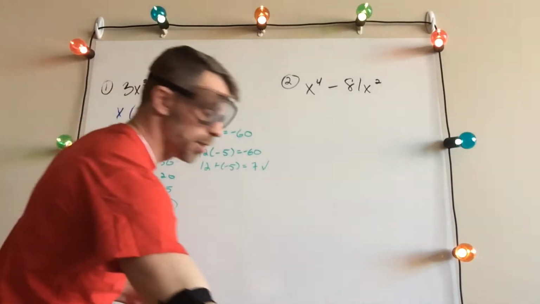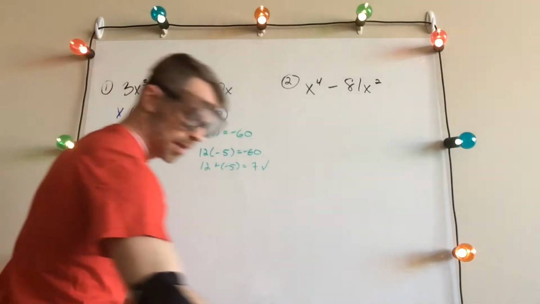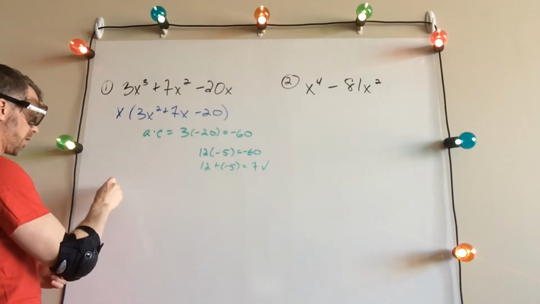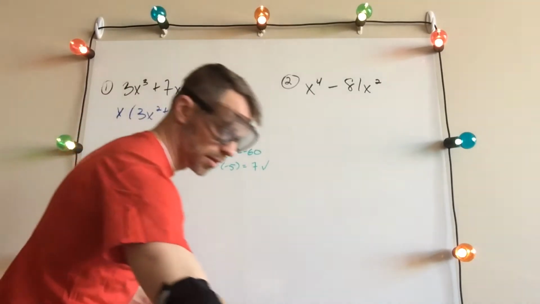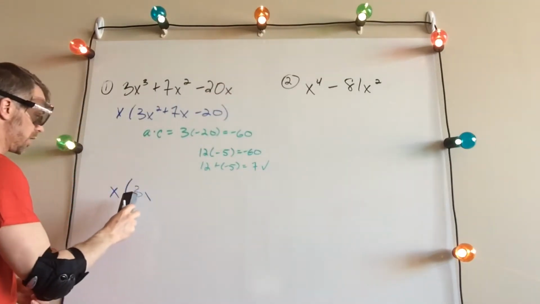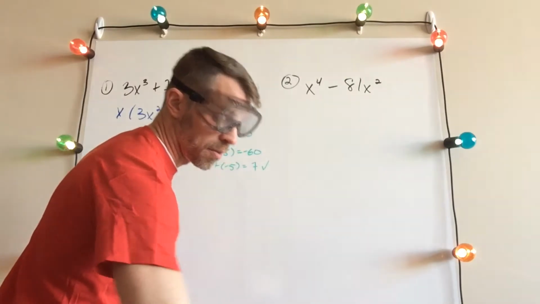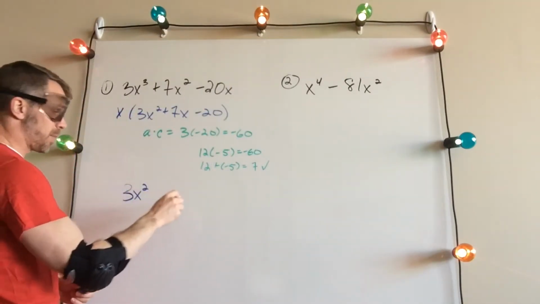We need a little bit of room, so I'm going to get rid of this. Then we're going to keep the first piece. We'll leave x off for right now; we won't forget to bring it back at the end. So we have that 3x squared plus 7x minus 20.